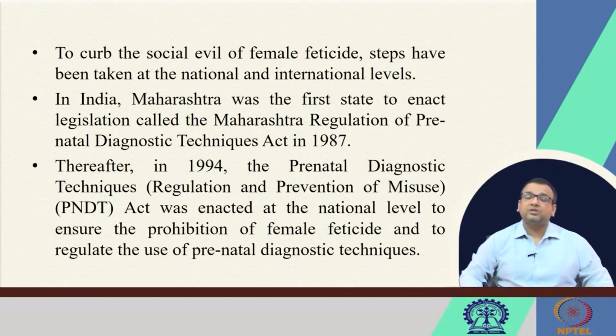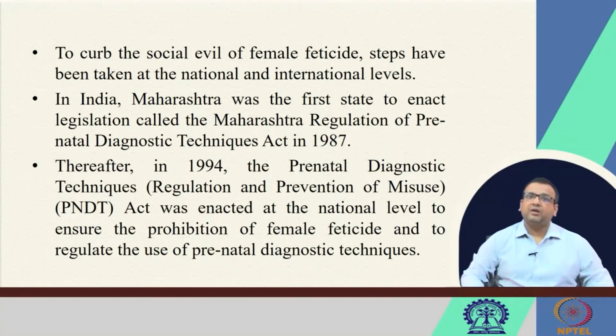To curb this social evil of female feticide, steps have been taken at the national and international levels. In India, Maharashtra was the first state to enact legislation, the Maharashtra Regulation of Prenatal Diagnostic Tests Act, in 1987.